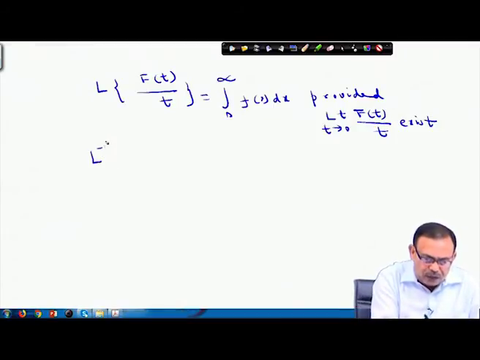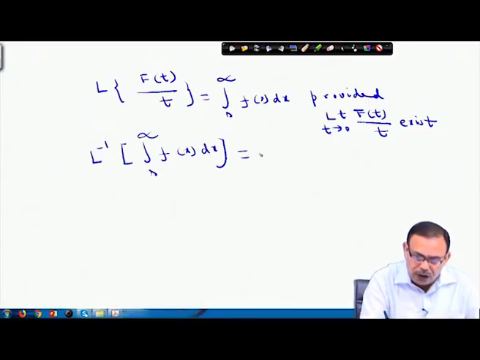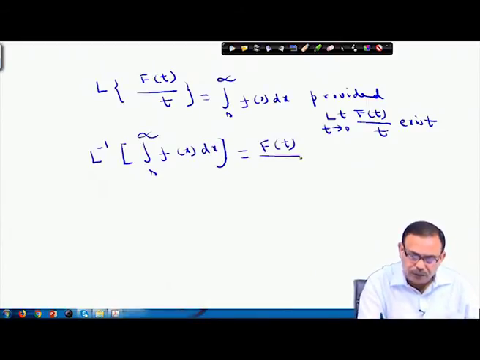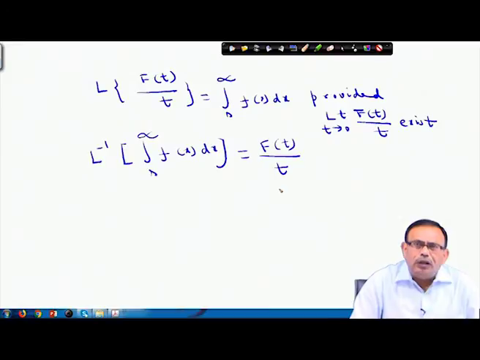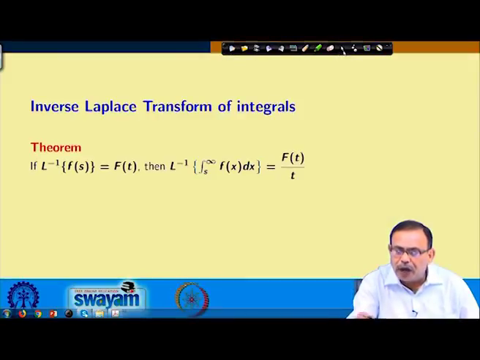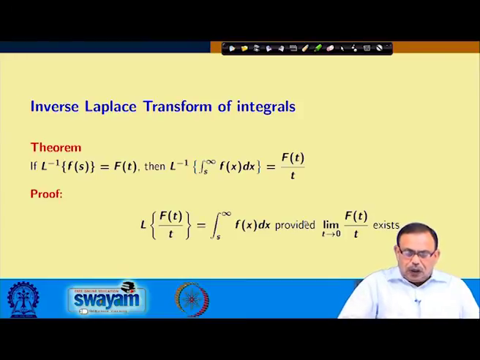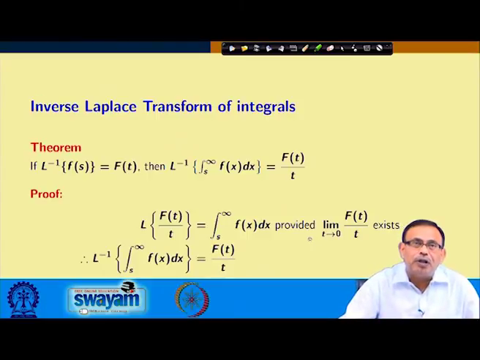Therefore, you can write the Laplace inverse of the integral from s to infinity of F(x) dx equals f(t)/t. So, I got the required result, using the theorem we have done earlier, and this completes my proof.